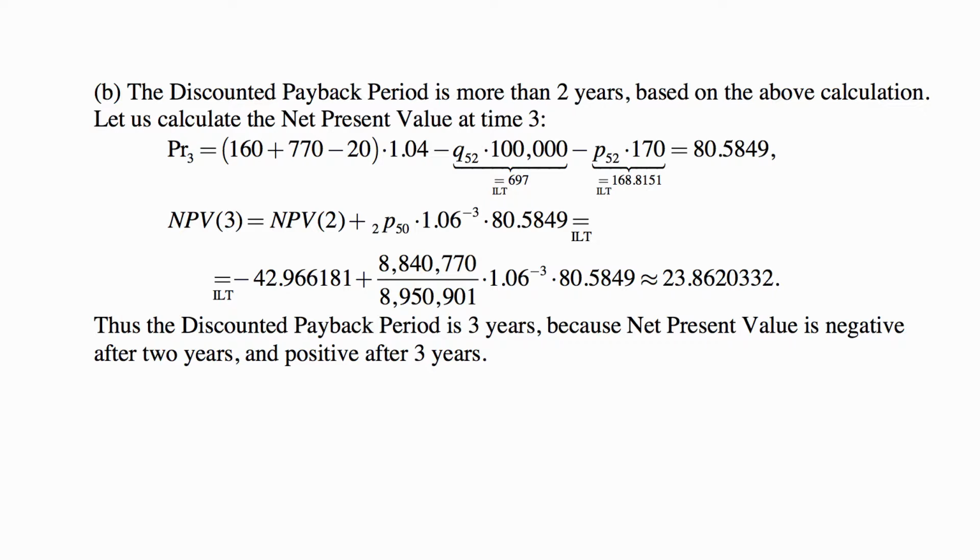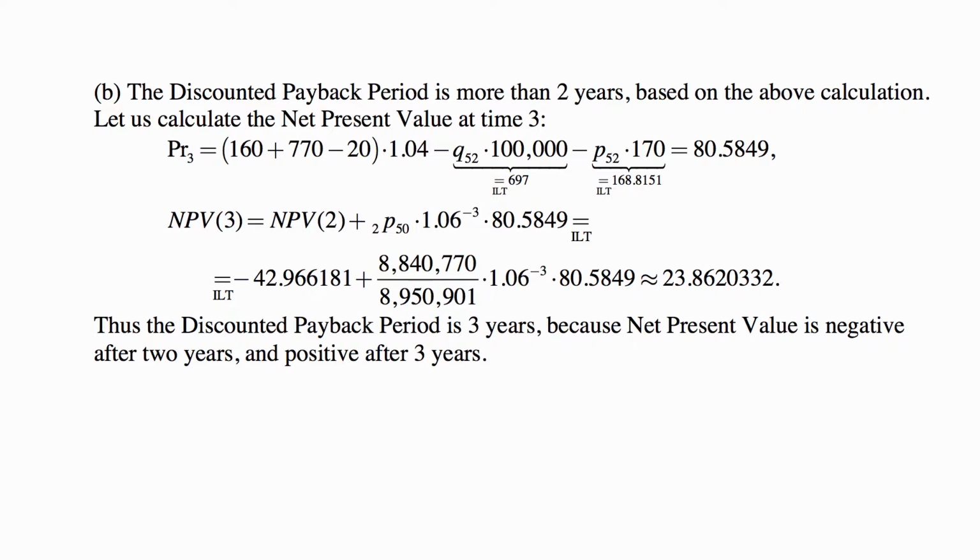Remember, this calculation of net present value is as of time 0. That's why we talk about discounted, because it's discounted to time 0, plus the expected present value of this profit for the third year, where we account for survival to the beginning of the third year.